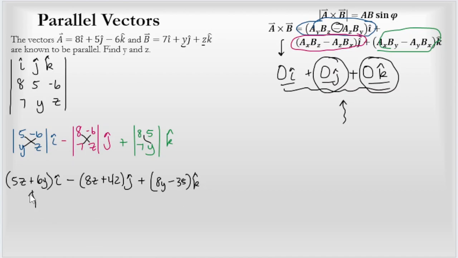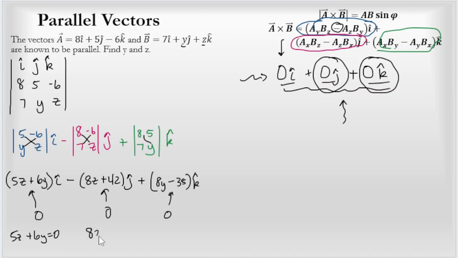So what we want, and what I mentioned before, is we want each of these expressions equal to 0. If these two vectors are parallel to one another, the whole cross product will result in 0, like I said before. So 5Z plus 6Y equals 0. That tells us a relationship between Y and Z, but it doesn't tell us the actual values.